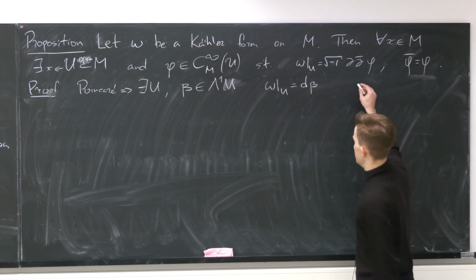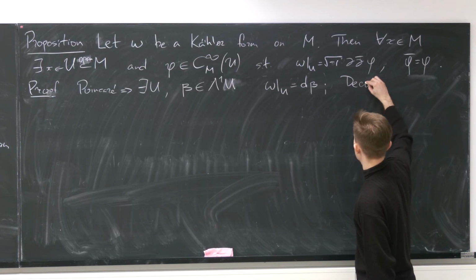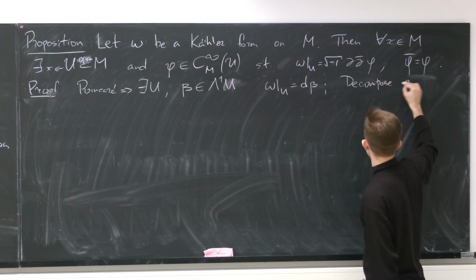So now let's decompose beta into (1,0) and (0,1) parts.